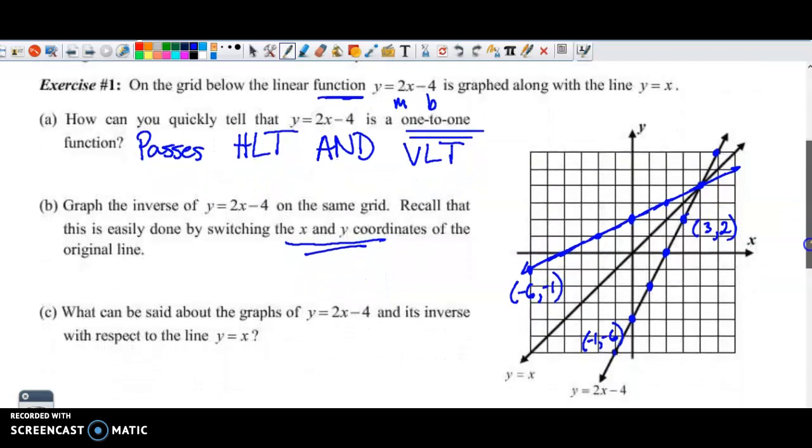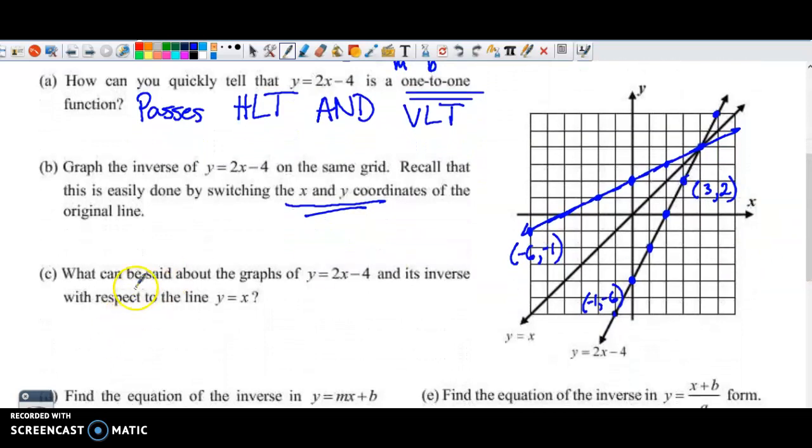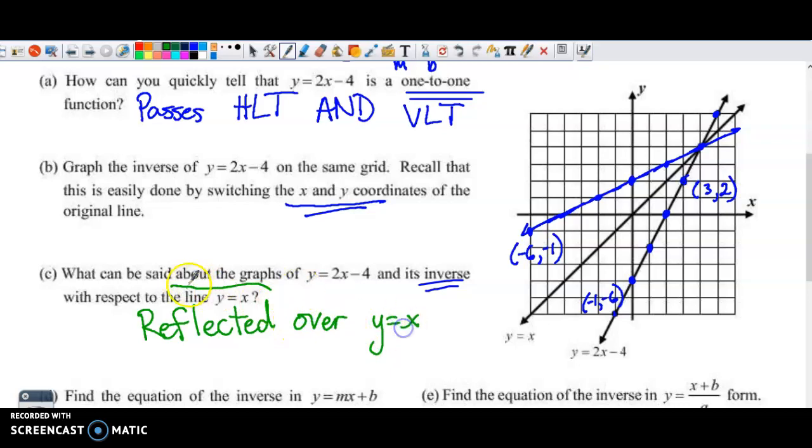So what we're supposed to notice with this is that the graphs of this and its inverse, which I have not shown you how to come up with just yet, we're about to, is that they are reflected over that line of y equals x. I'll go ahead and write that out, over y equals x.